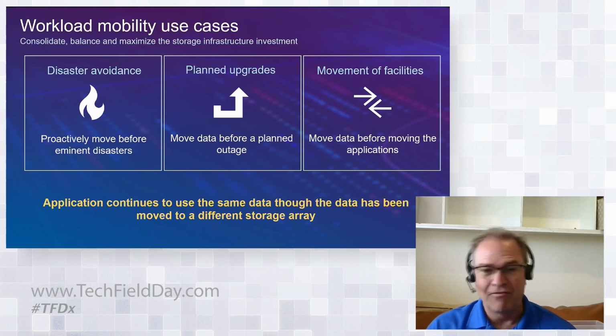So instead of doing a complete failover to another site, sometimes the decision is, hey, let's just move some of these applications over to that site and make that decision as we need to later. So this would be like a preemptive type of disaster avoidance, just using data mobility as a mechanism to move specific applications, more surgical.